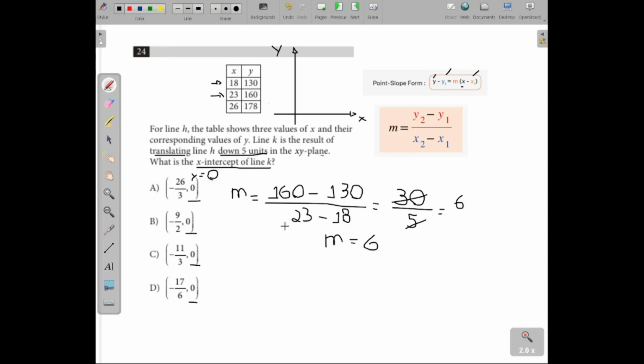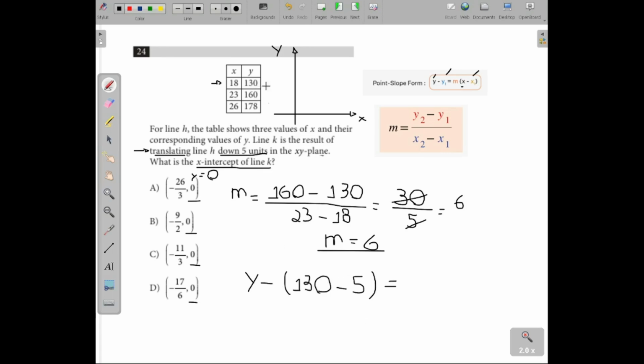Now let's use this equation. y minus, since we are using this point, 130, and we have to subtract the translation, 5, because we will obtain another result if we don't do this first.